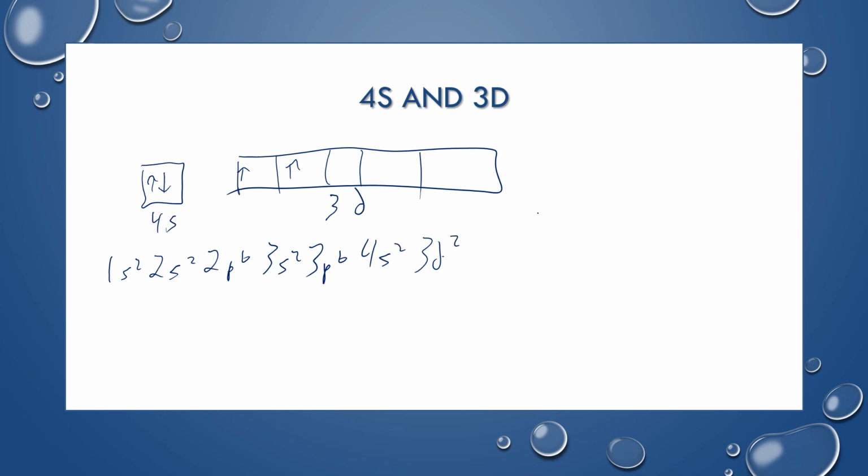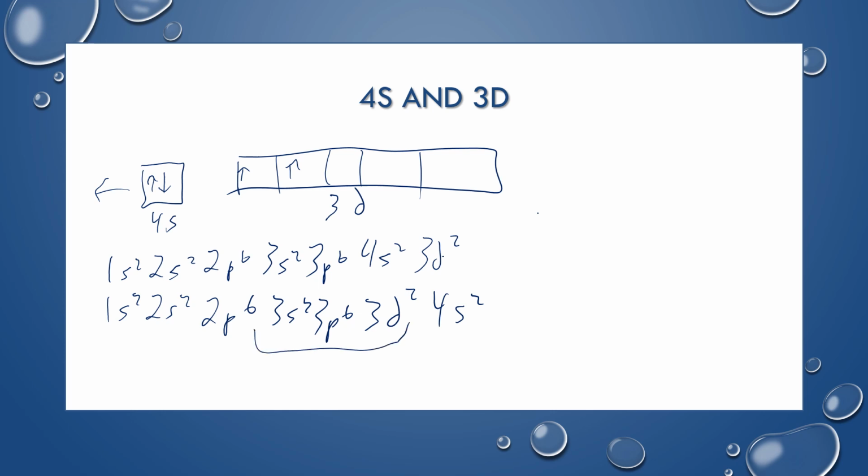I'm assuming everything before this is full. Some people will write it 1s2, 2s2, 2p6, 3s2, 3p6, 3d2, 4s2, to keep the third energy level ones together. And so you might see either one of those because that 3d and 4s are so close in energy. So that's really important to remember.